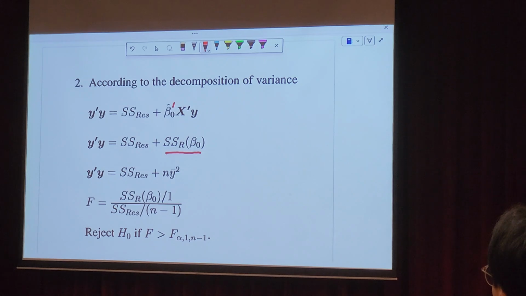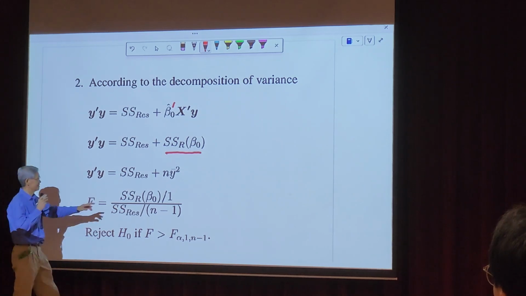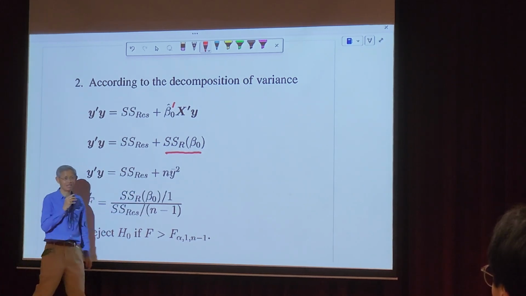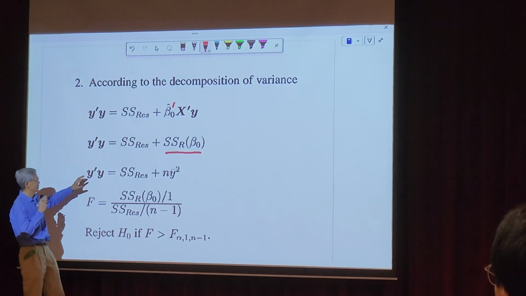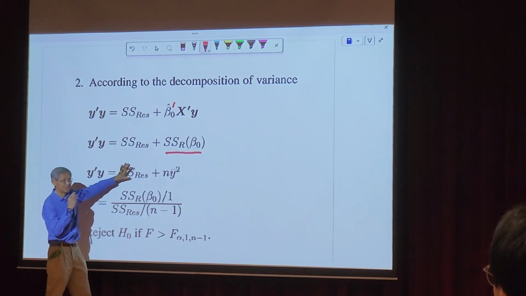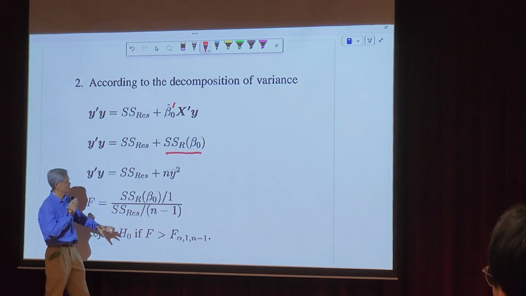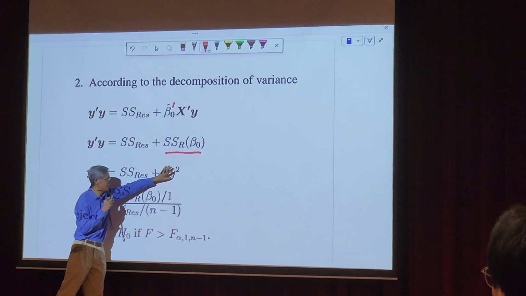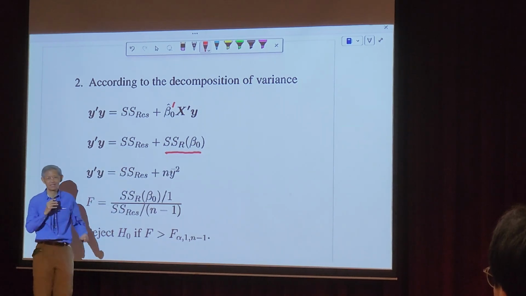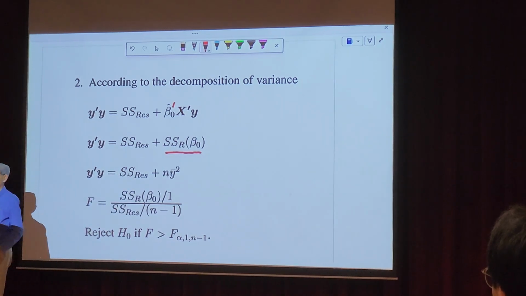So what is SSR beta naught? n y bar squared. So how do we do the test? This is your estimate of your experimental error. So we test the variation here with this. The same idea as before, nothing new.